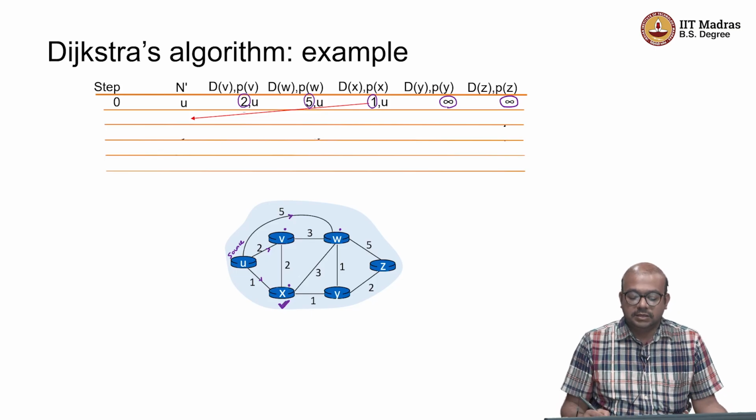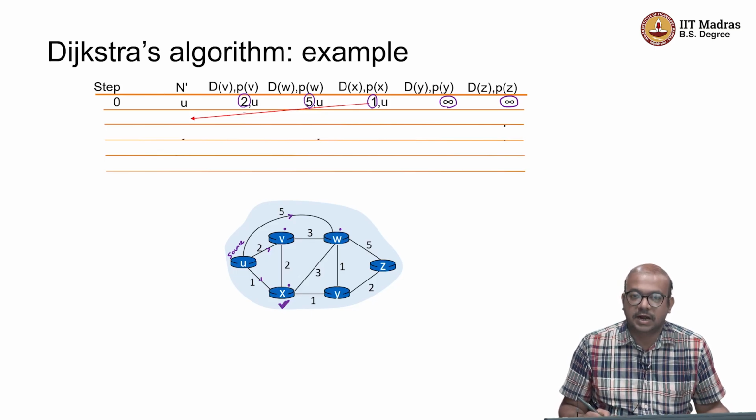Now with this knowledge, certain other things are going to be updated. At this stage your belief for v, w, y and z, we can see whether it can become better or not.